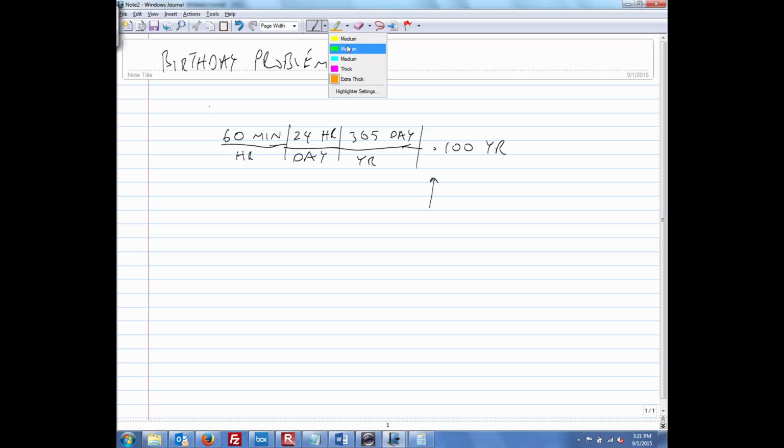Let's also get straight numbers versus units. I'll go ahead and highlight the numbers. There's a 60, there's a 24, there's a 365, and there's a 100. So really all we're going to do is multiply those four numbers together. Right, aren't we? Yes.